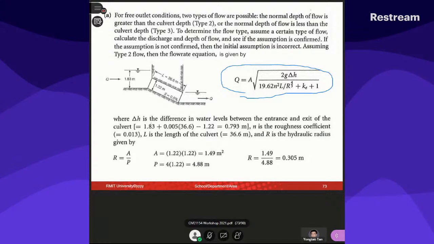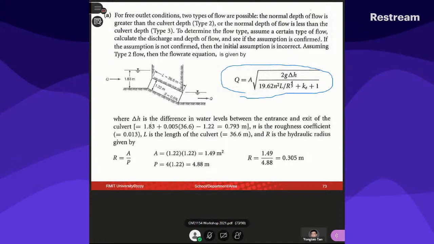Now we need to determine the head change and also the roughness coefficient given, the length is given, and also we need to determine the hydraulic radius. So the hydraulic radius is the cross-section area over the wetted perimeter.